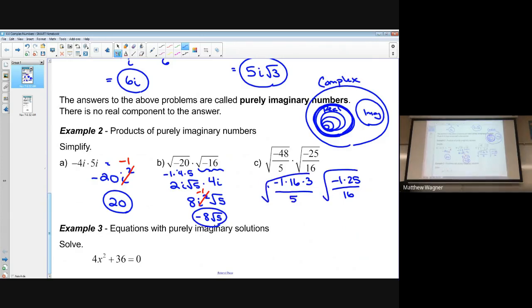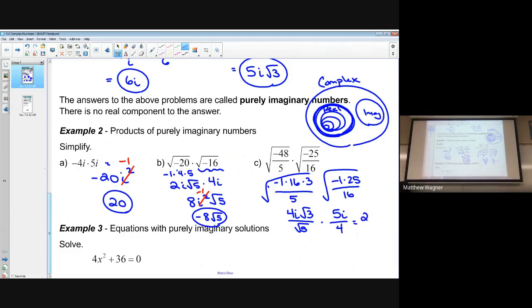All right, so looking at this problem here, we have 4i square root of 3 over the square root of 5. And then this one, square root of 25 is 5. Square root of negative 1 is i over 4.